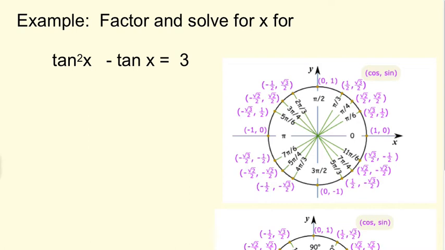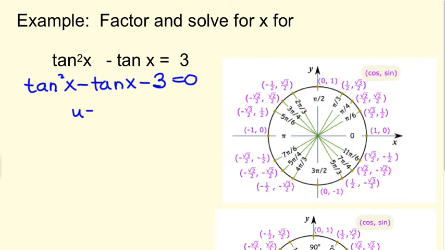Our last example in here is a tangent equation. Let's do this one together. So we're going to first convert this to standard form. So we're going to subtract 3 from both sides. Then you can use that u substitution if you want.